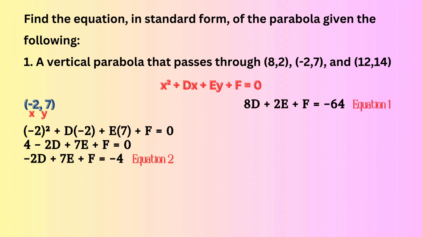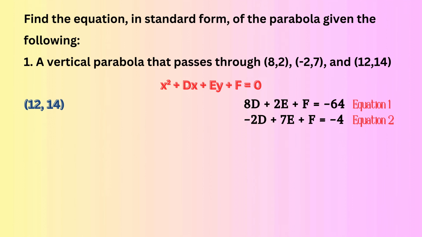Last, we have to find our third equation, so that we can proceed with the systems of linear equations. So, for the point 12, 14, we can substitute the coordinates to the equation, with x equals 12, and y equals 14. We will have 12 squared, plus d times 12, plus e times 14, plus f, equals 0.